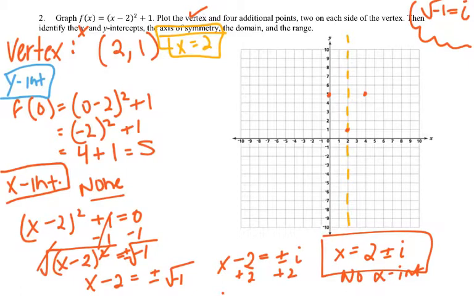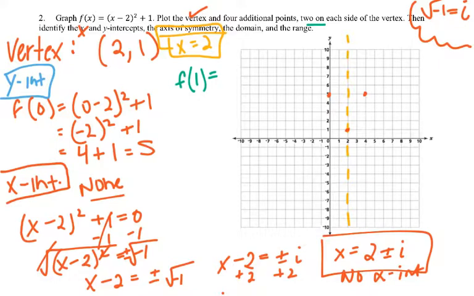Now what I can do is I can actually just substitute a couple values in, or I can just do f of 1, because 1 is between 0 and 2, and solve for that. See if I get a nice result. Even if I don't, I can plot it approximately and then get the mirror image on the other side to get our other 2 points.